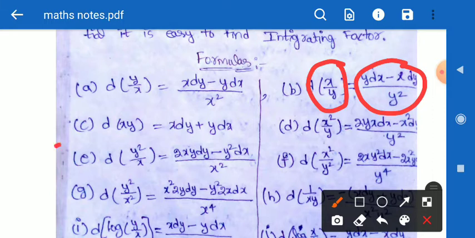Now if a given differential equation is x dy plus y dx, this can be written in exact form.